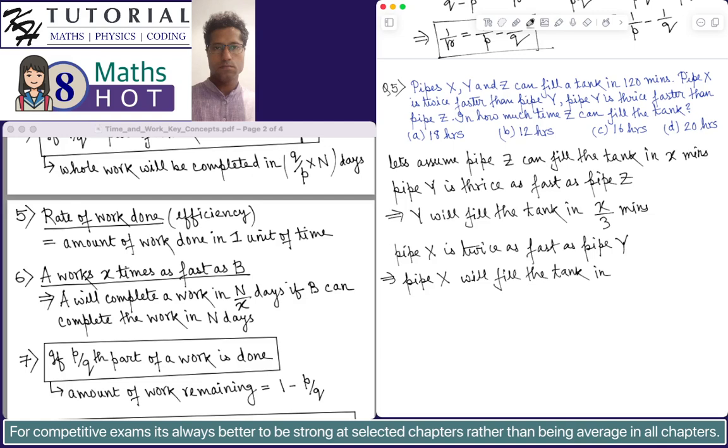So Y fills the tank in x by 3 minutes, which we have just found. This divided by 2 minutes. So pipe X will fill the tank in x by 3 divided by 2 minutes. This is equal to x by 6 minutes. So the concept applied here was 6, and also the concept applied here was 6.